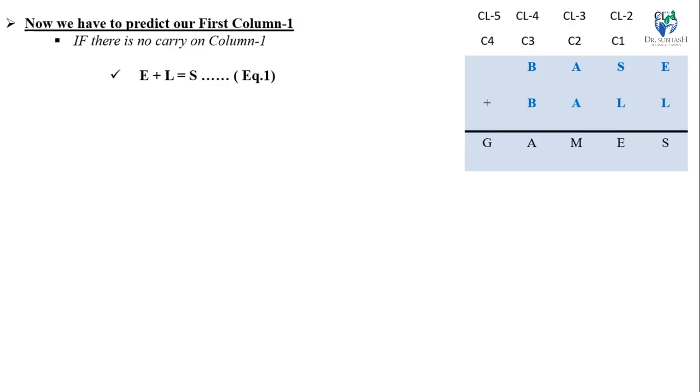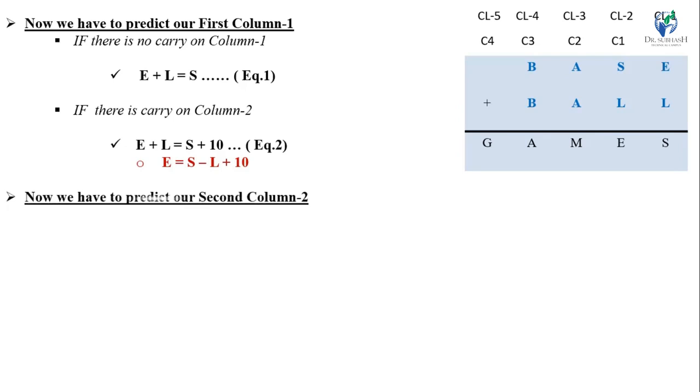The second possibility is if there is a carry on column 2, then E plus L is equal to S plus 10. Consider it our second equation. With the help of this equation, we can find the value of E. So we can write E is equal to S minus L plus 10.